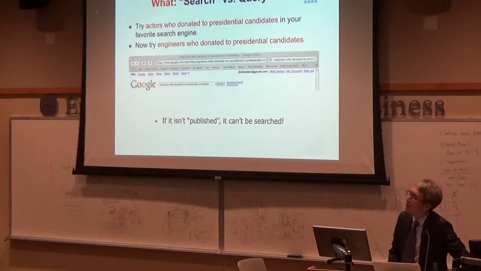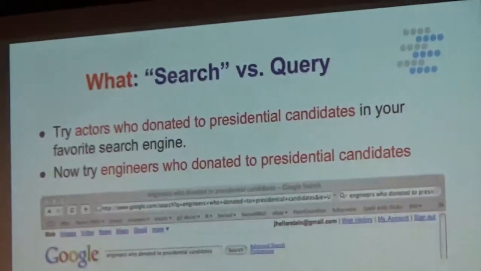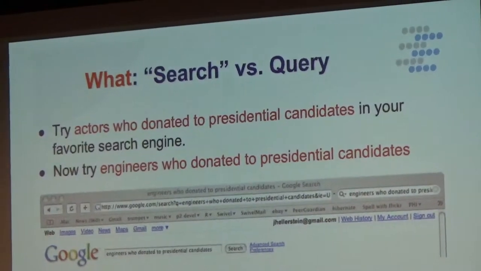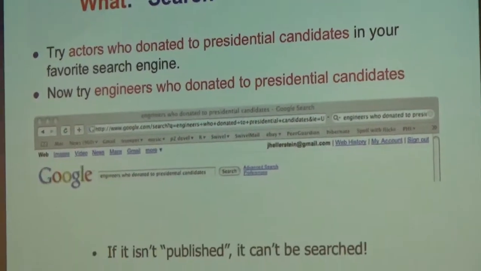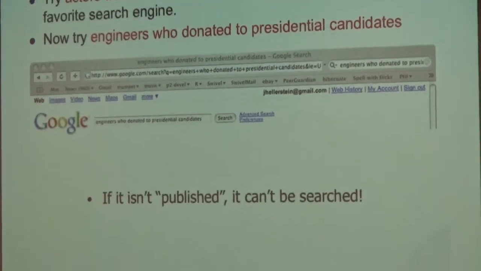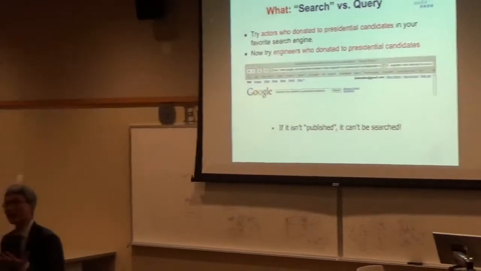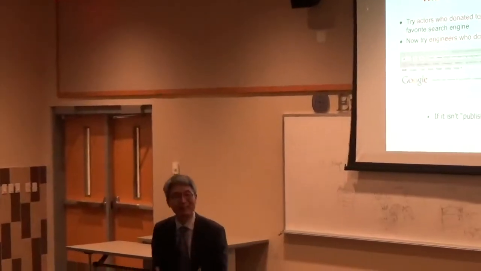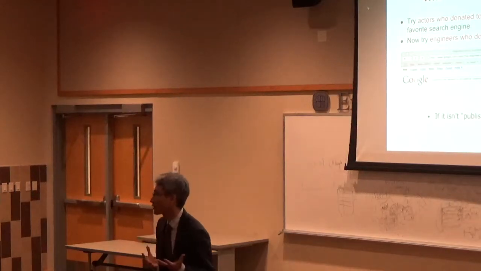Then, what is the difference between search and query? When you find information about Professor Lee on Google, we say we are searching Google for the keyword Lee, Professor Lee, something like that.